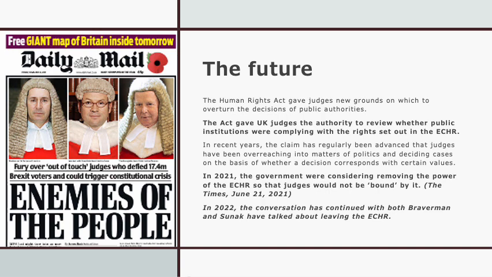In 2021, the government were considering removing the power of the ECHR so that judges would not be bound by it. So that was from a Times article in 2021. This year, the conversation has continued with both Braverman and Sunak talking about leaving the ECHR. So we would no longer be a country signed underneath that convention.